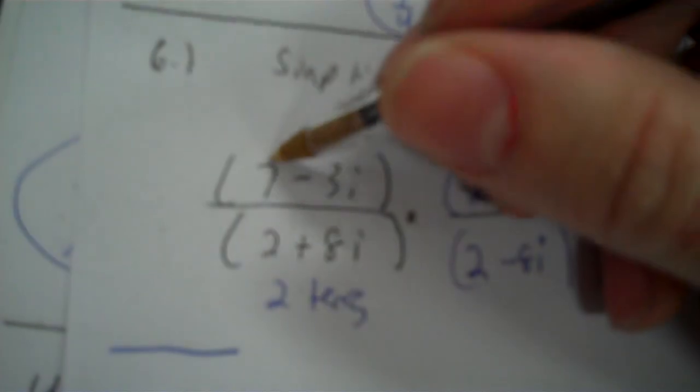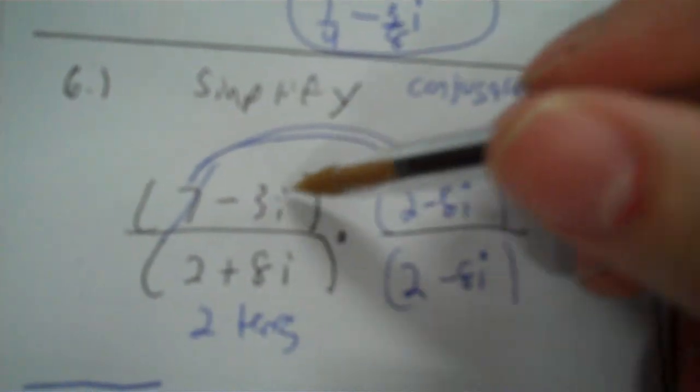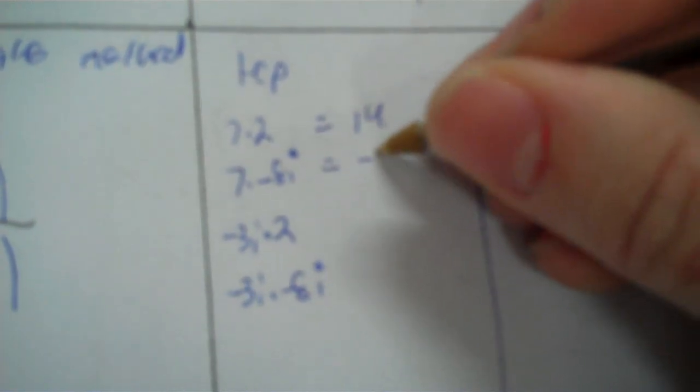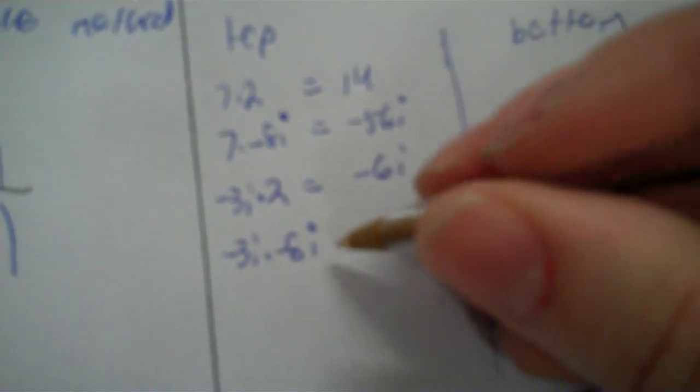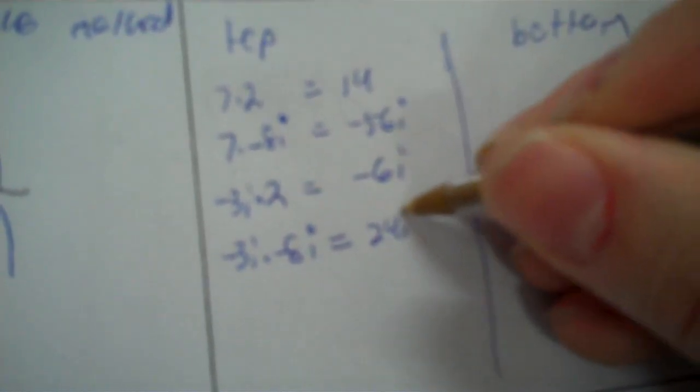Okay, so on top we take 7 times 2, 7 times -8i. Then -3i times 2, then -3i times -8i. So it's 14, -56i, -6i, positive 24i to the second.